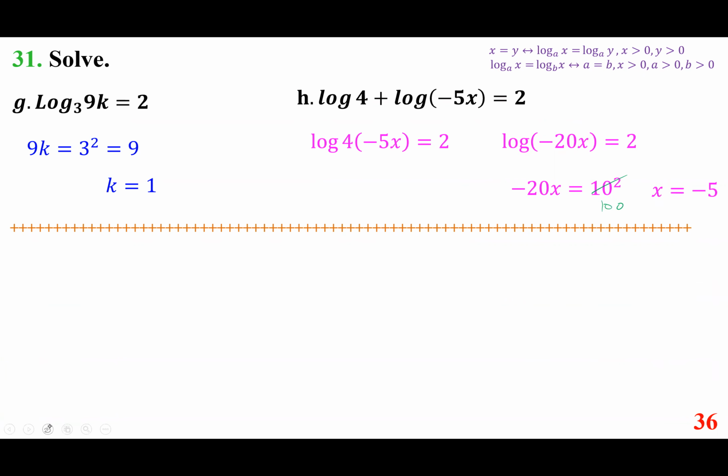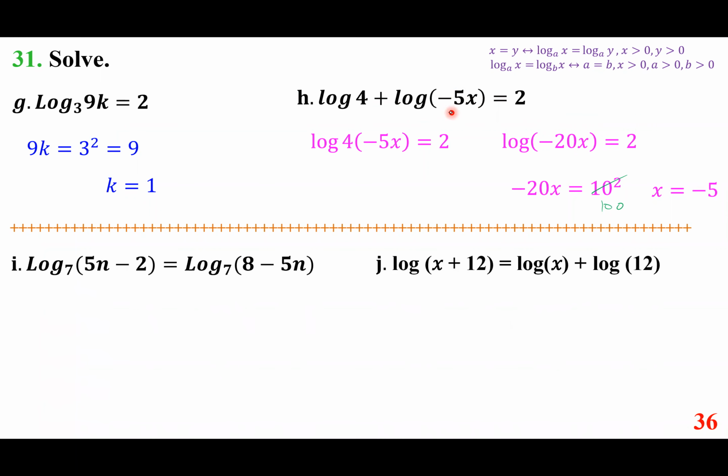Now, before we move on, it's important to know that the basic domain of a log is positive values. So if I put minus 5 here, it becomes positive 25, and therefore it's okay. As you can see, in both cases, we have logs on both sides. And since this one has the same base, must have the same argument.